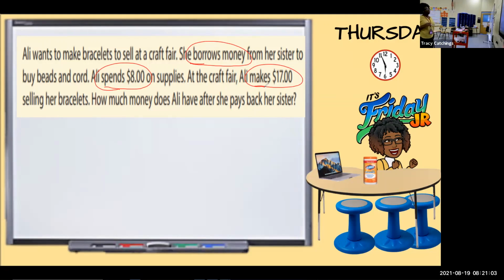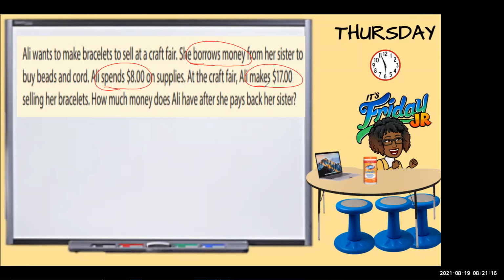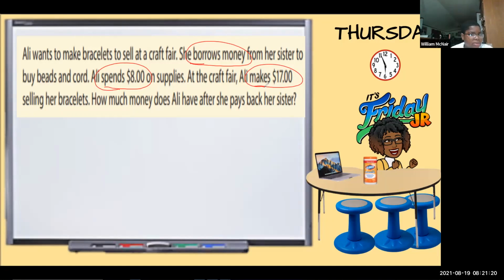She borrowed some money. We know she spent $8 and then she made $17. What kind of expression can we write? Subtract. All right, William, I see you questioning a subtraction.